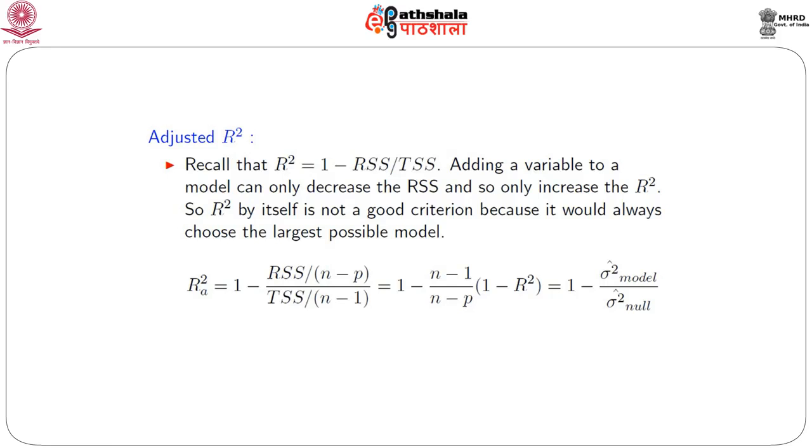Now here is an expression for the adjusted R squared, and this is how it counters the effect that R squared has with the inclusion of a parameter into the model.